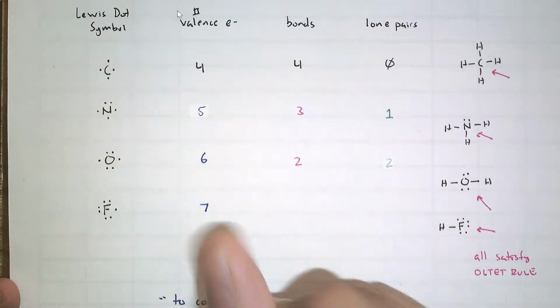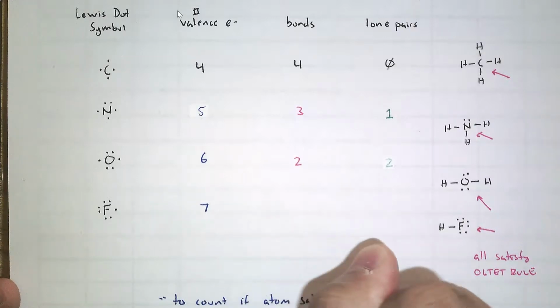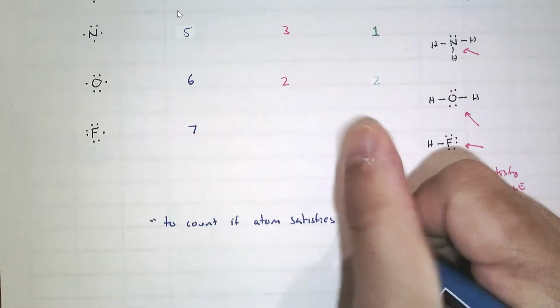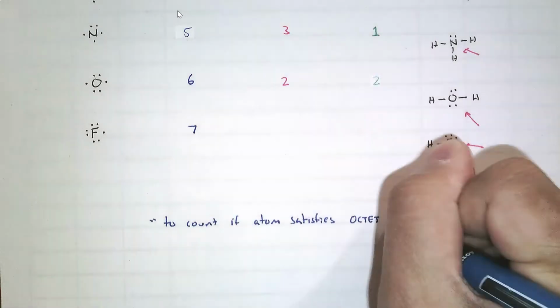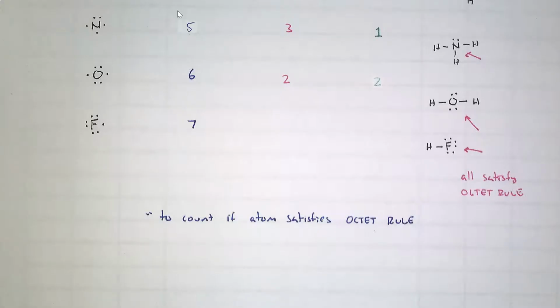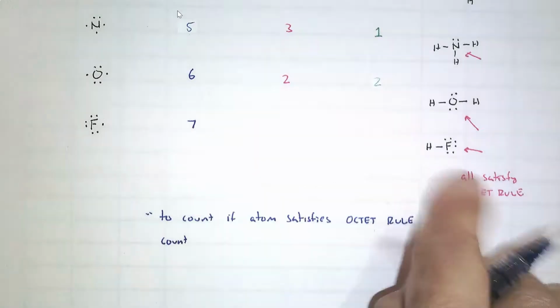To count if an atom satisfies the octet rule, what I like to say is you count all the electrons directly surrounding that atom.